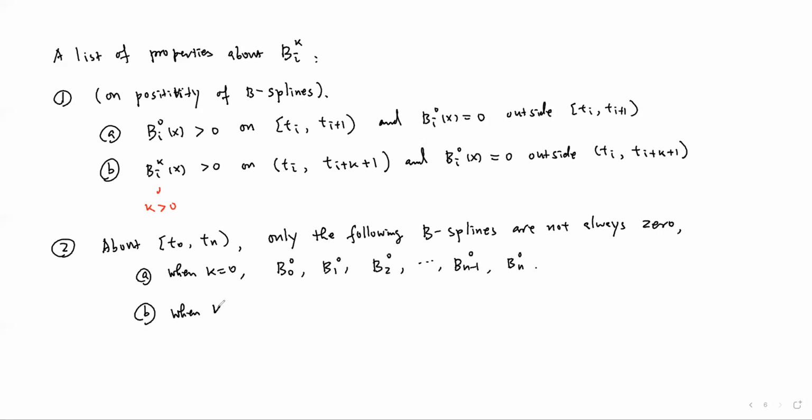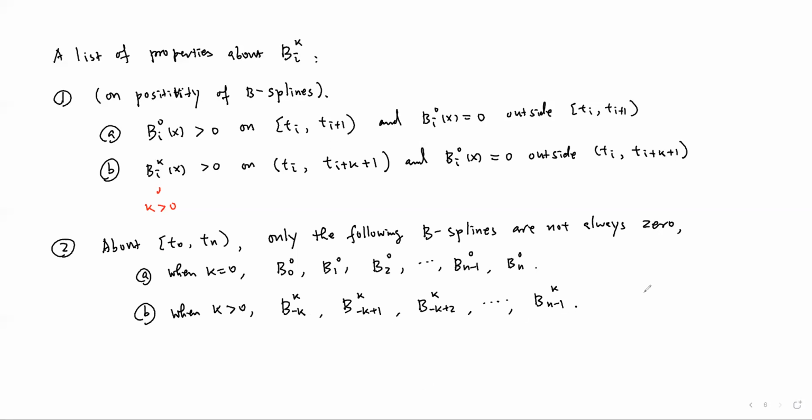When k is greater than 0, then the following B-splines are non-zero over this interval. Which ones? B_negative k,k, B_negative k plus 1,k, B_negative k plus 2,k, increasing the subscript up to B_n minus 1,k.